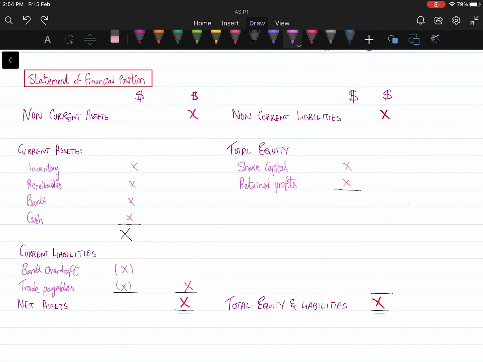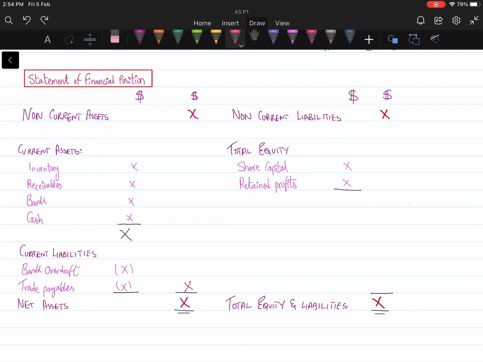A statement of financial position in the context of a company would primarily look like this in most cases. So you have non-current assets, as you can see, and then you have current assets that follow. And current assets are placed in that particular order where you have inventories, receivables, bank, and cash.